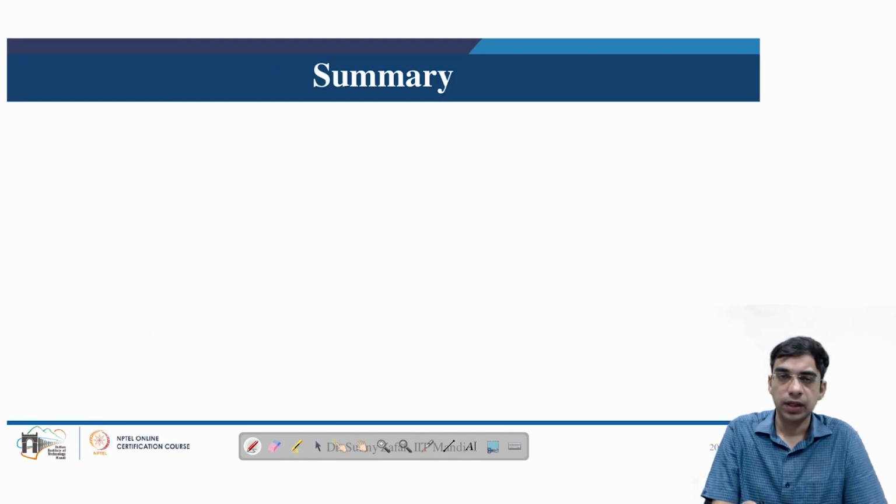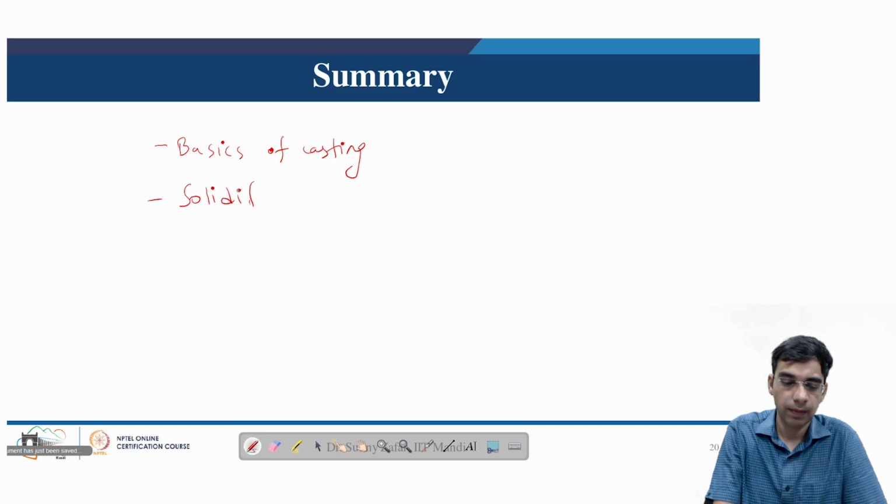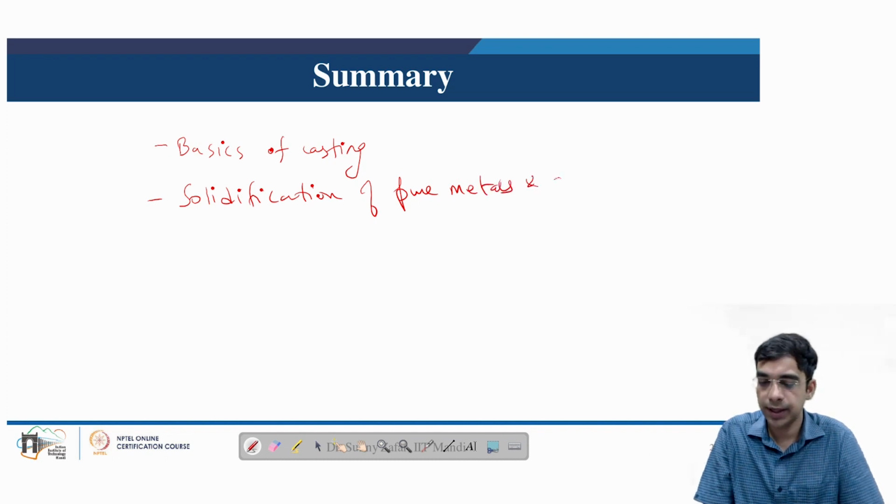So with this we come to the end of this lesson, and now we will summarize what content is covered in this lesson. We have understood the basics of casting. We have also understood solidification of pure metals and alloys.